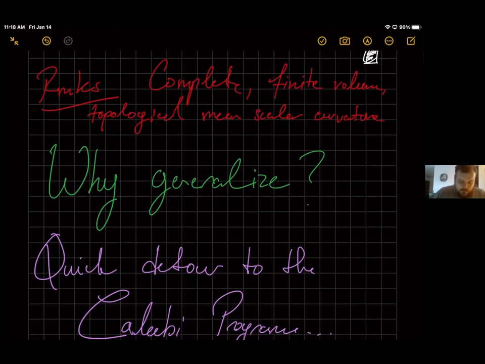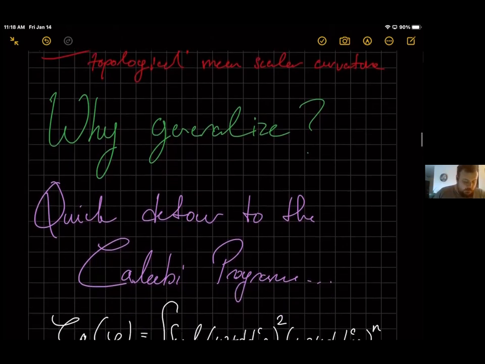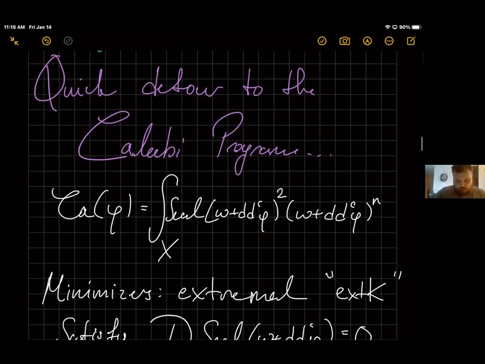That arises from understanding constant scalar curvature and extremal Poincaré-Type metrics and the limitations therein. So I will talk about what I mean by extremal in particular.